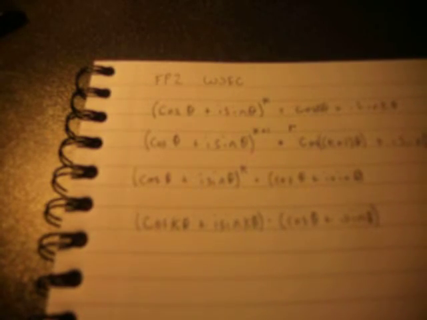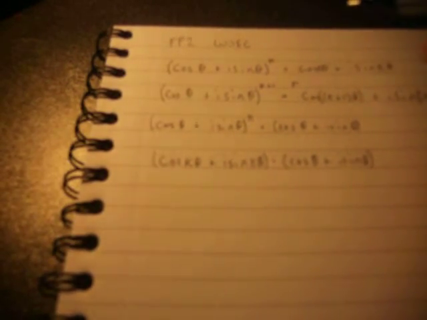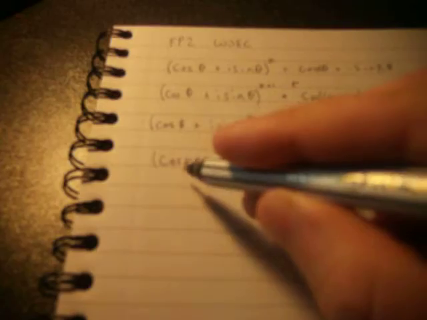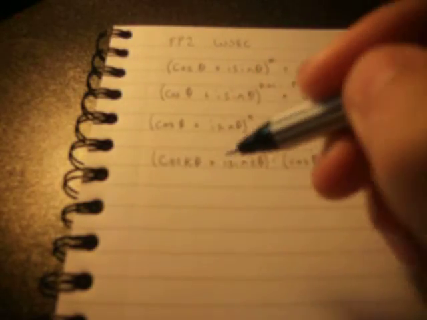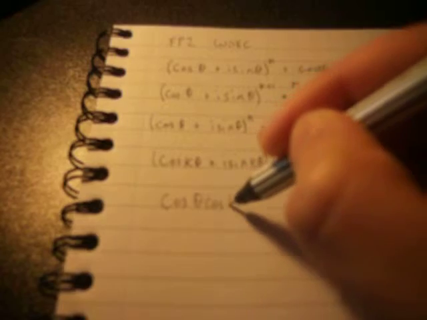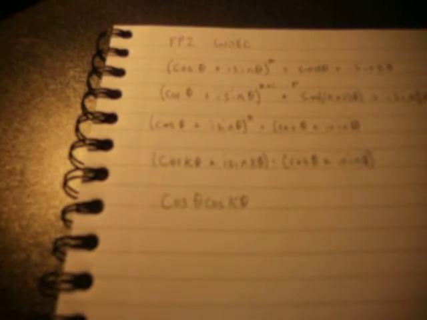And so now we just have to multiply these brackets out. So we can use FOIL, so the first terms, that's cos theta cos k theta.